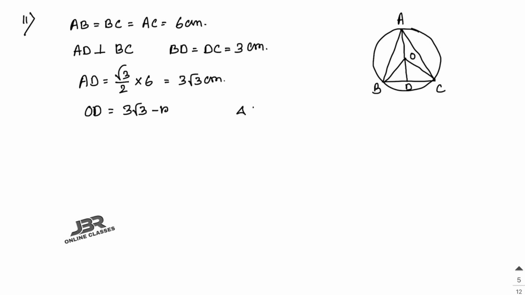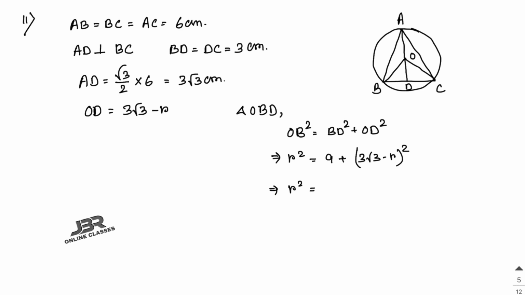Now from triangle OBD by Pythagoras theorem, OB square is equal to BD square plus OD square, same as the previous sum. So r square, and in the place of BD, BD means 3 square, so 9, and OD means (3 root 3 minus r) whole square.